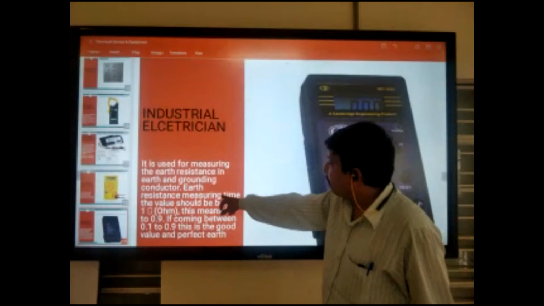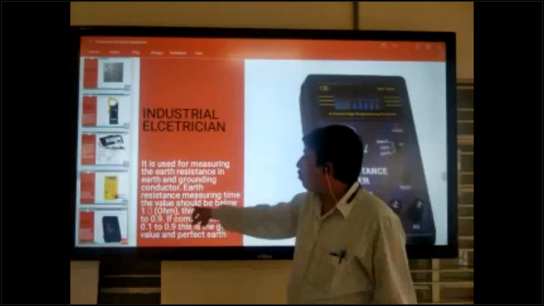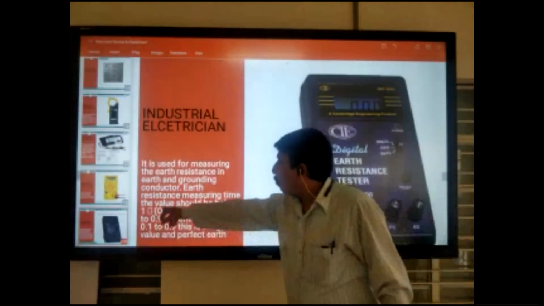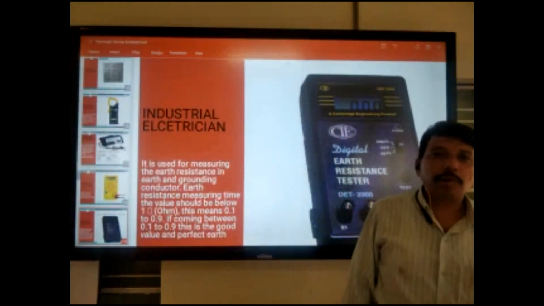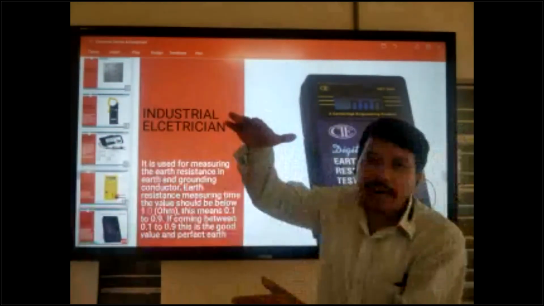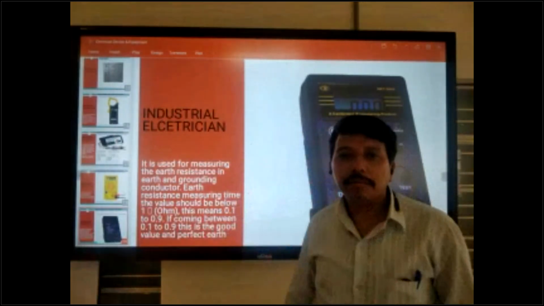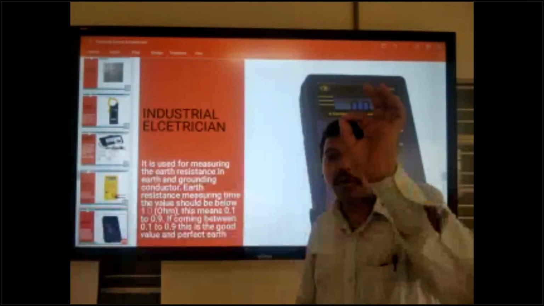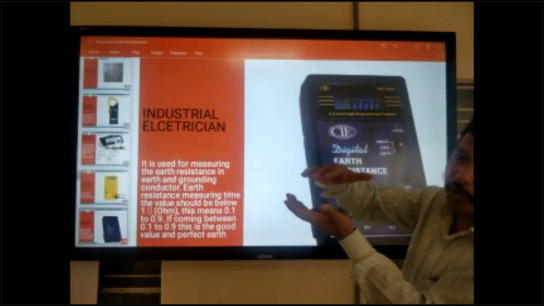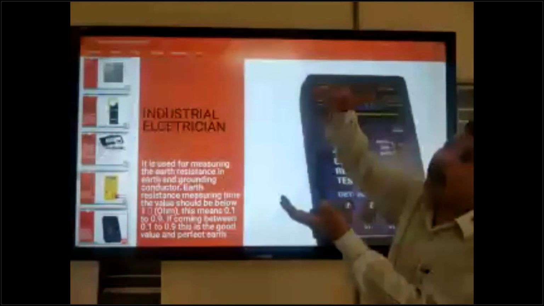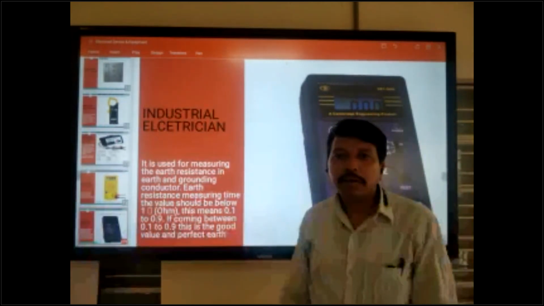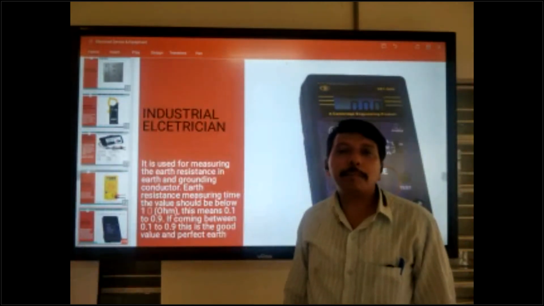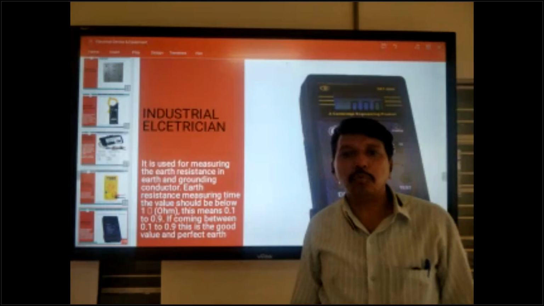When measuring resistance, the value should be below 1 ohm. If the value is coming below 1, this is very good earthing, perfect earthing. But if your value goes to 1 or above, 1, 2, 3, 4, 5, this is not good earthing. That means this is not safe to use.